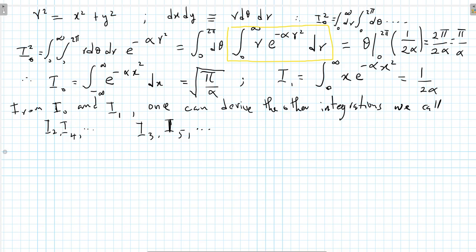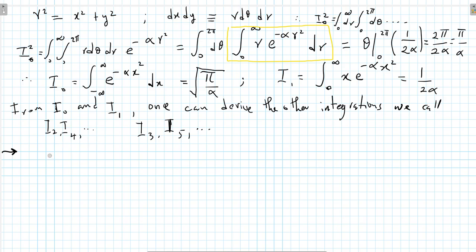Okay, as an example, let us look at this one. If we differentiate both sides of this formula for I0, then we're going to get a formula for I2. Okay, so let us do that. Differentiate with respect to alpha on both sides of the equation for I0.